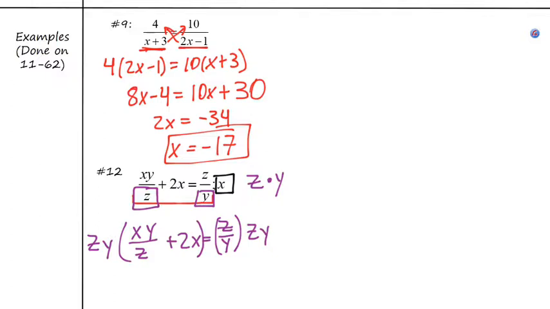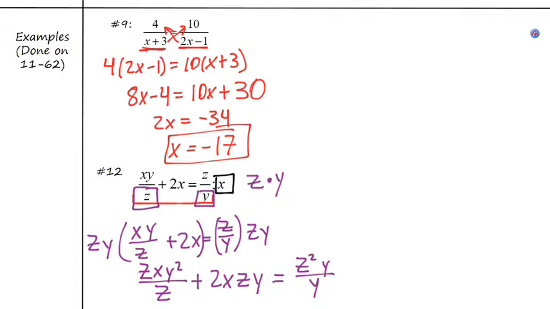All right, so let's go ahead and distribute. So we have z times x times y squared over z plus 2x times z times y is equal to, over here we're going to have z squared times y over y.